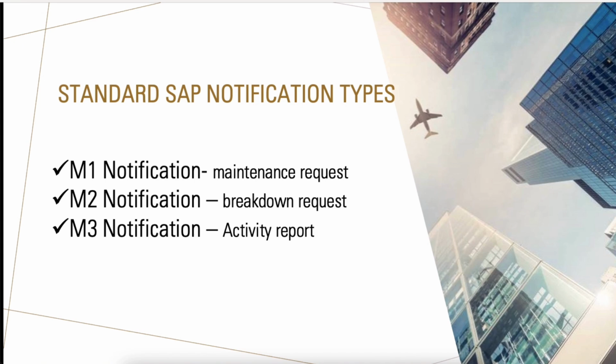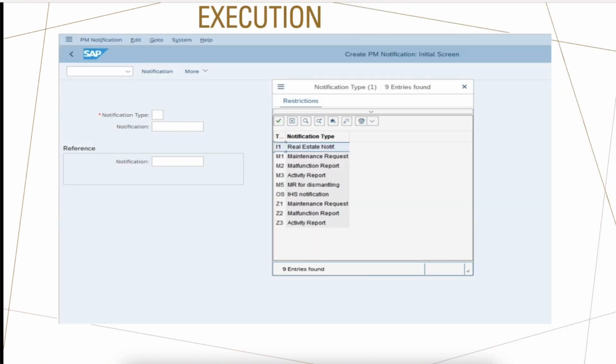So if we are going to be having such a configuration, then there would obviously not be a need to have an M3 notification. So if you don't have an M3 notification in part of the notification list, obviously you have some of your work orders automatically assigned to notifications.